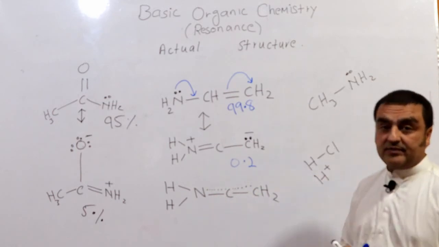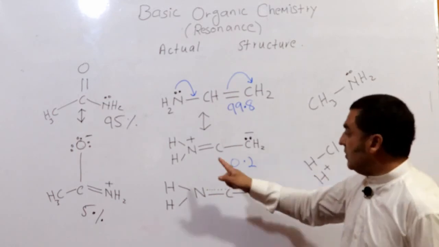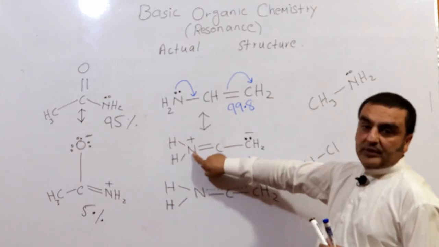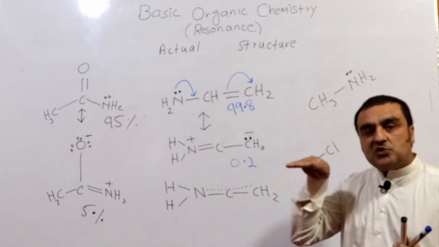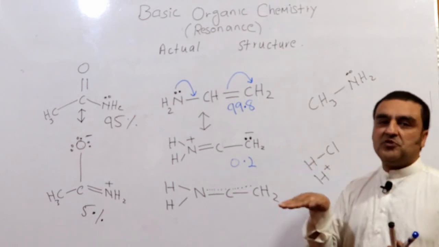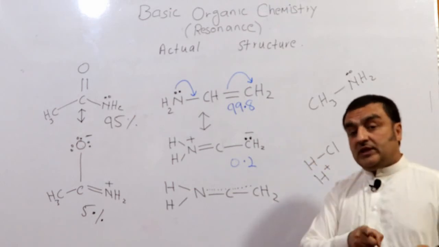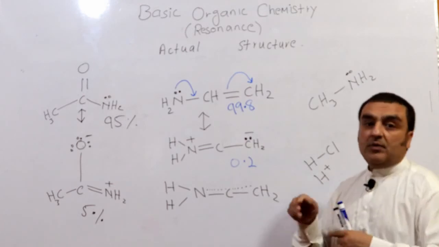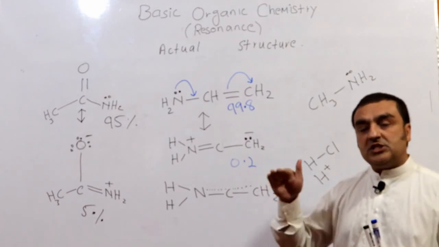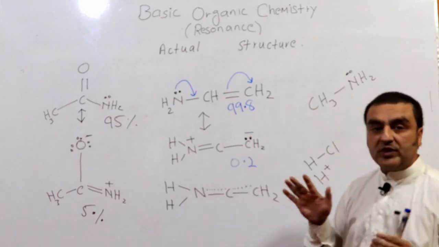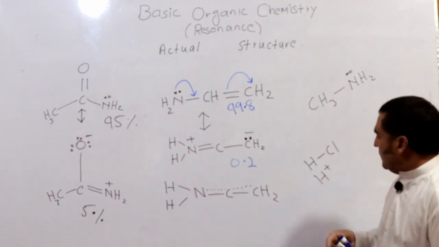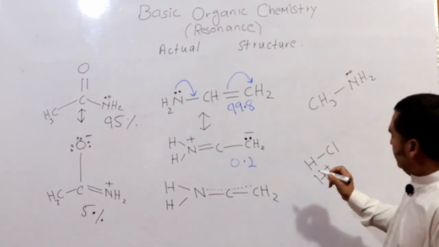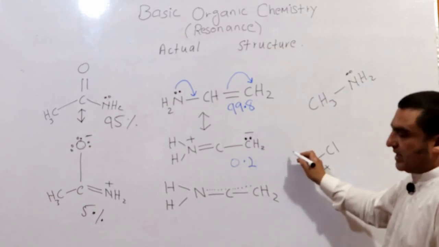Nitrogen is a strong base, but it will not attack, just because it is in connection with the double bond and has lost 0.2% of its electron density. But when you look at the basicity, 0.2% can decrease the basicity of the normal nitrogen thousands of times. So the HCl will be attacked by this carbon.